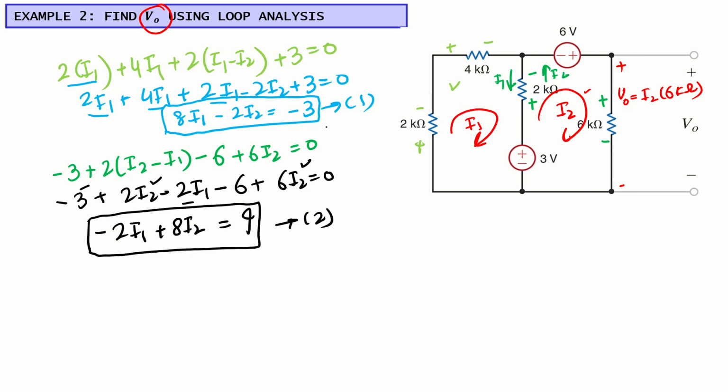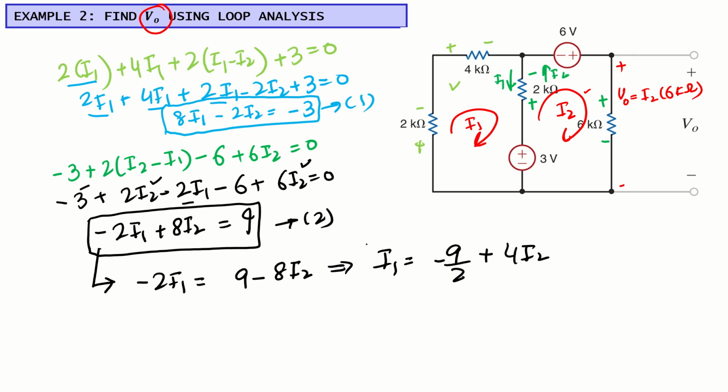For example, using this equation, I can write that minus 2 times I1 will be equal to 9 minus 8 I2. Or basically I1 will be, divided by 2, minus 9 over 2 plus 8 divided by 2, 4I2.